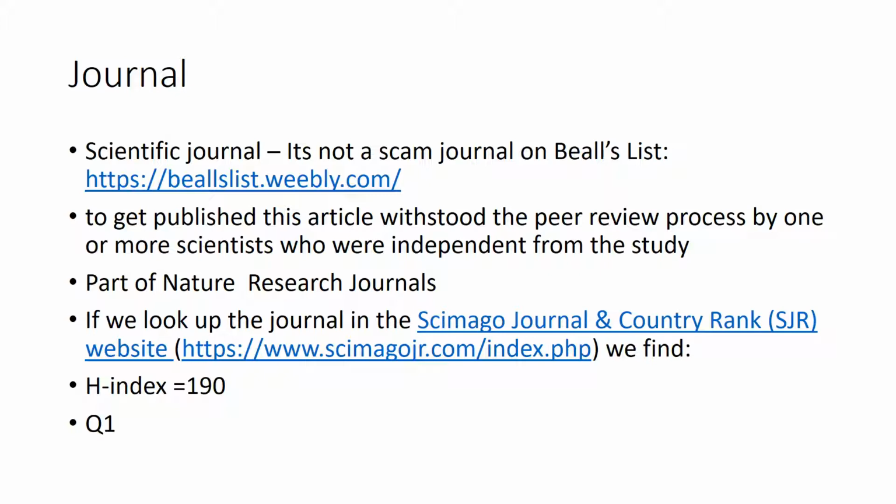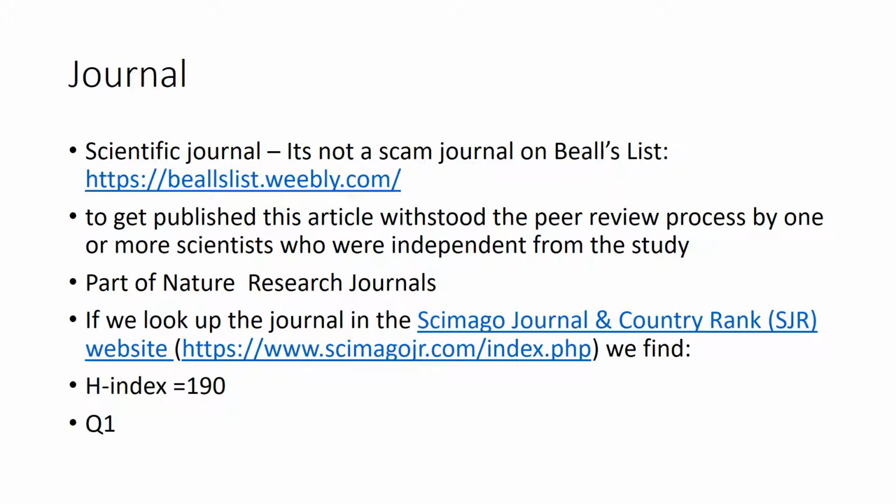We can also look up the journal in SJR, which gives you a lot of data about it. For instance, we can see a measurement called the H-index on the top right. This tells you that this journal has a very high H-index and therefore seems to have a very high reputation.